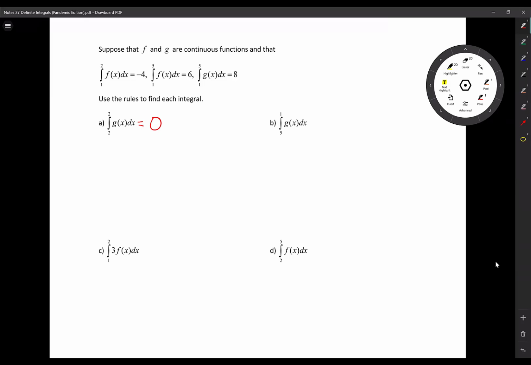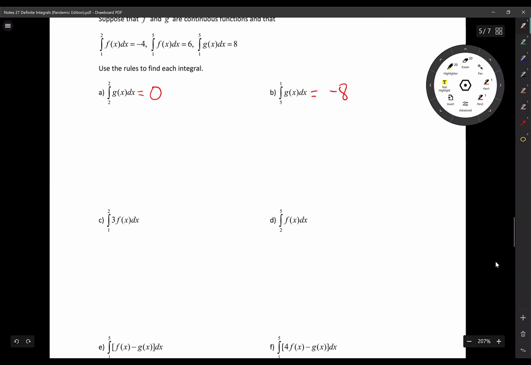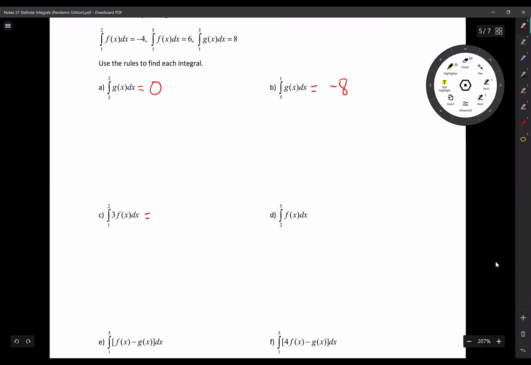Well, 1 to 5 of g of x dx was 8, so the integral from 5 to 1 of g of x dx is going to be -8. Letter C, this is the same thing as saying 3 times the integral from 1 to 2 of f of x dx. So 3 times -4, so -12.